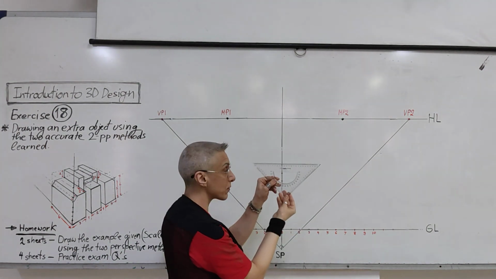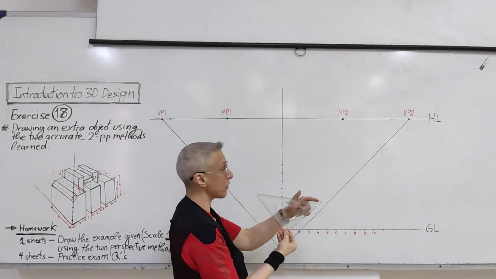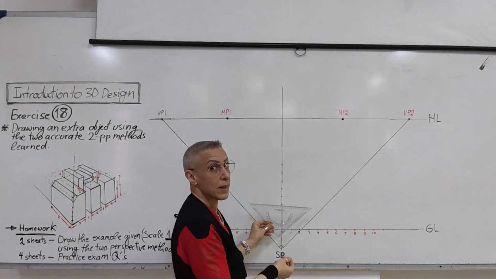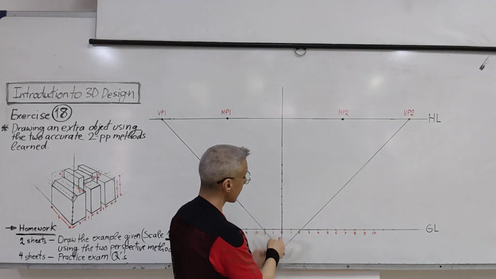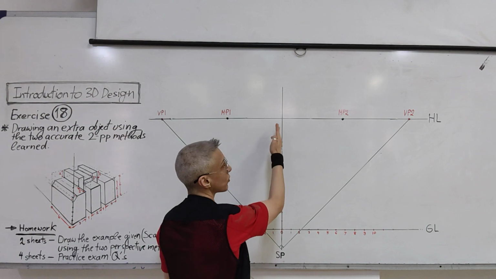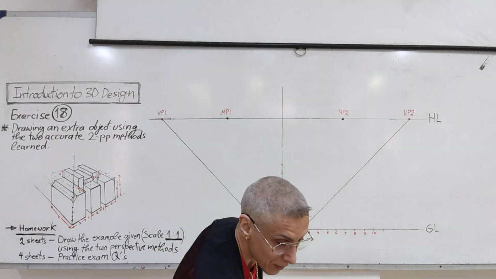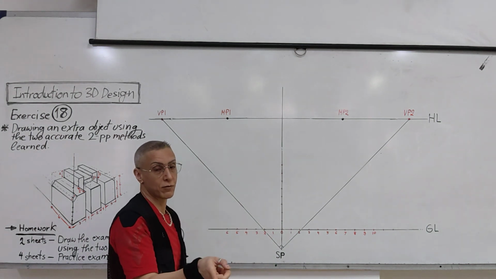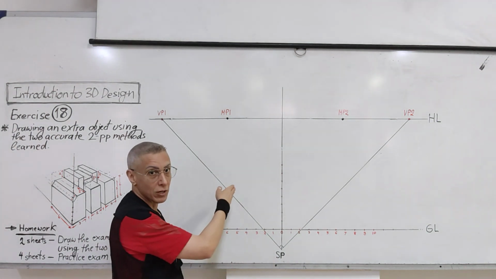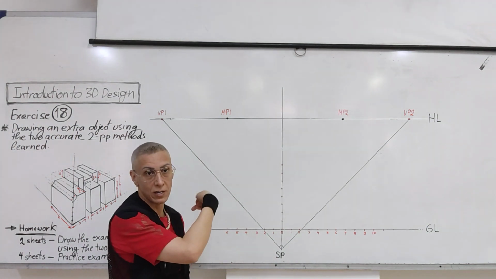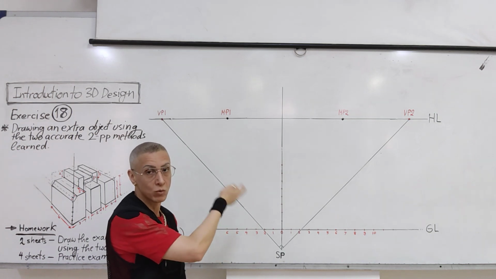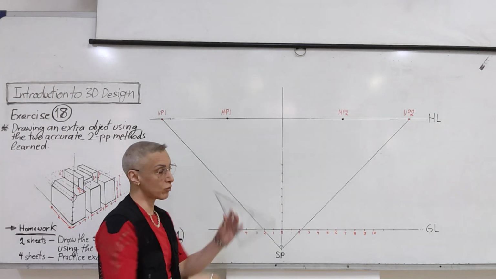Okay? So this ruler, you can use the 45-45. If you use this ruler, this line from the station point will be exactly in the middle. In this case, I used the 45 degree ruler because last time when I did the example, 2 classes ago, I used this ruler.